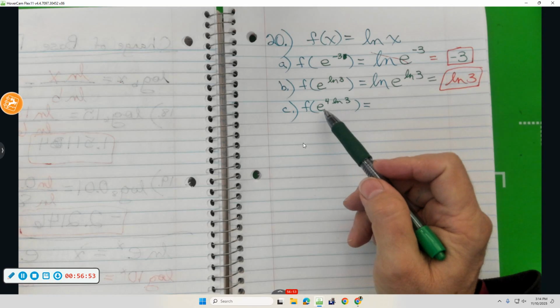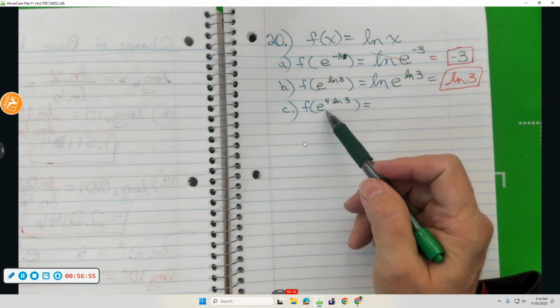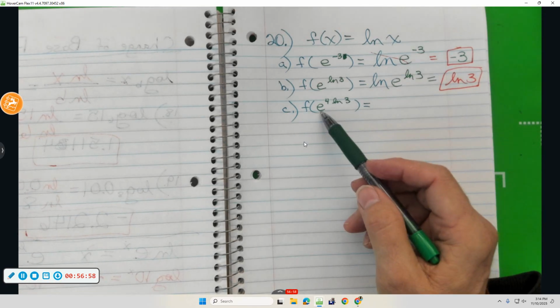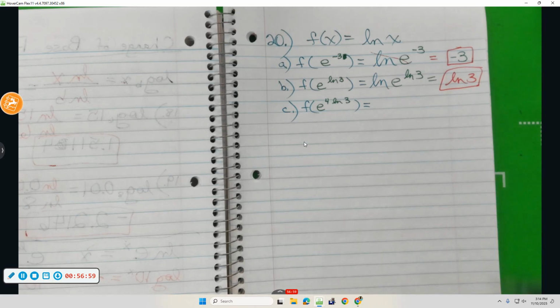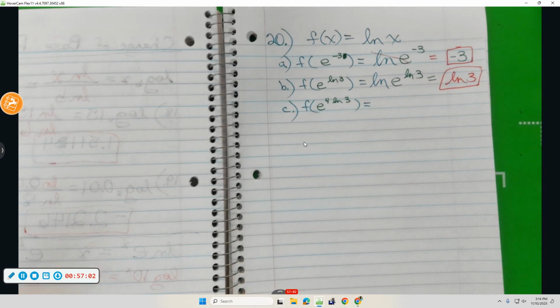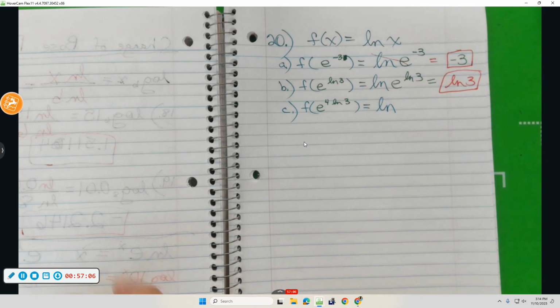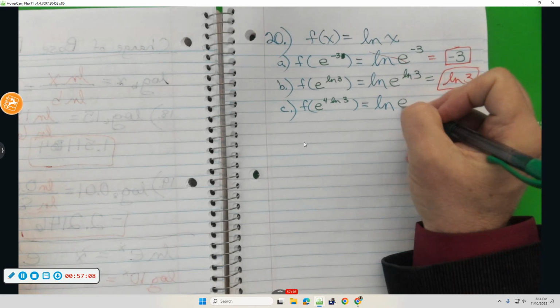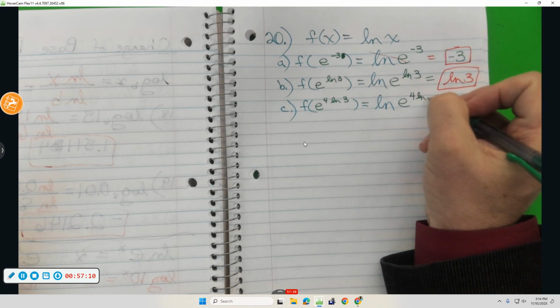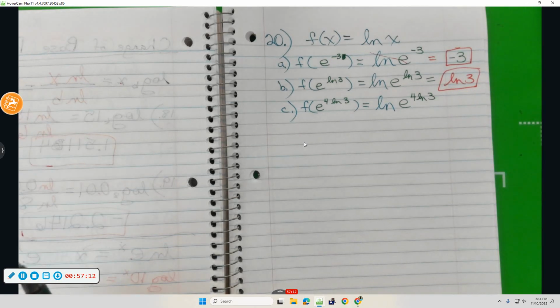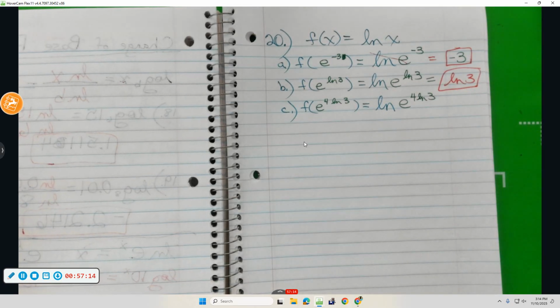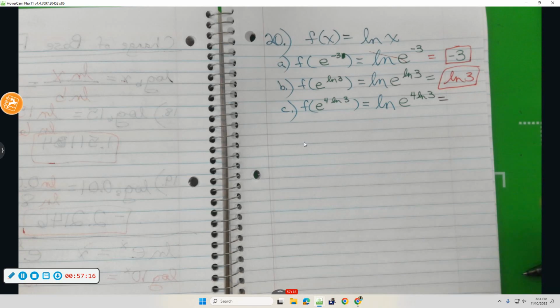Last one, we go to our function f, wherever we see a variable, replace it with e to the 4 ln3. So we have an ln, replace that x with an e to the 4 ln3. In this case, I think there's only one place that we can cancel. The one above it, you had two ways you could cancel.